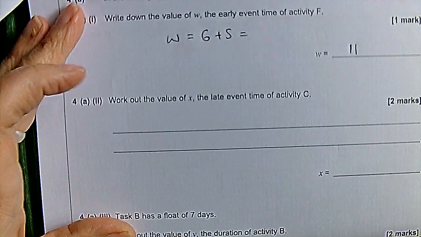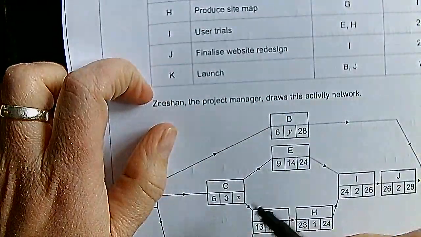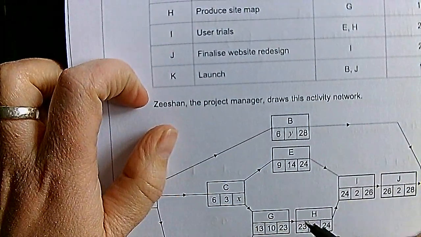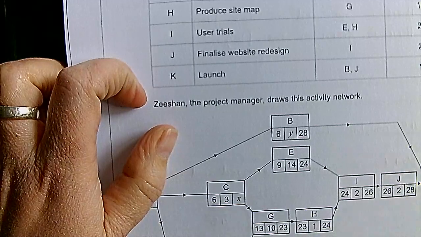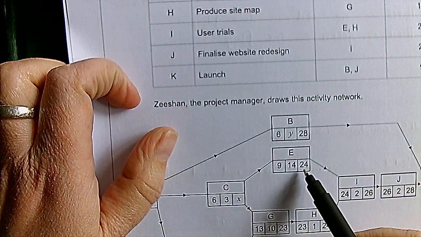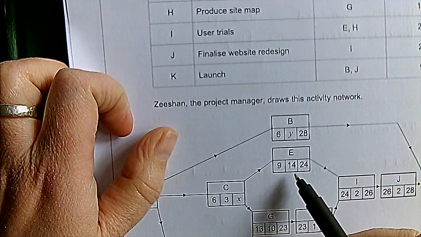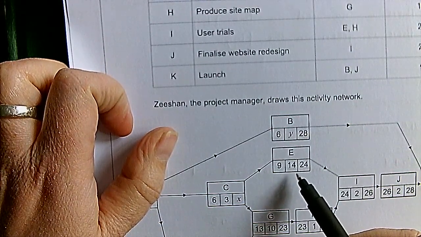Okay, let's get time X, the late time for activity C. So to get the late time, we're going to look at these two activities that depend on C, and we're going to do the finish time, take away the duration on each of them, and we're going to choose the smaller one of the two.